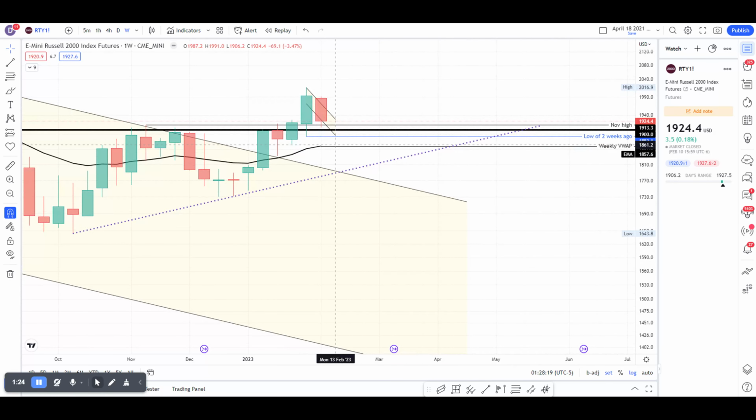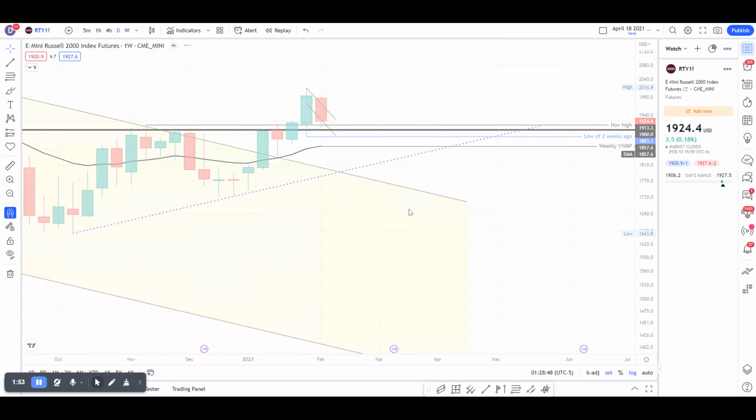We may test it, hopefully not for the bulls, but we definitely don't want to close a weekly candle below it. That will be quite a bearish sign, turning very bearish if two consecutive weekly candles close below that EMA. We may, as mentioned, still test that broken bull flag.